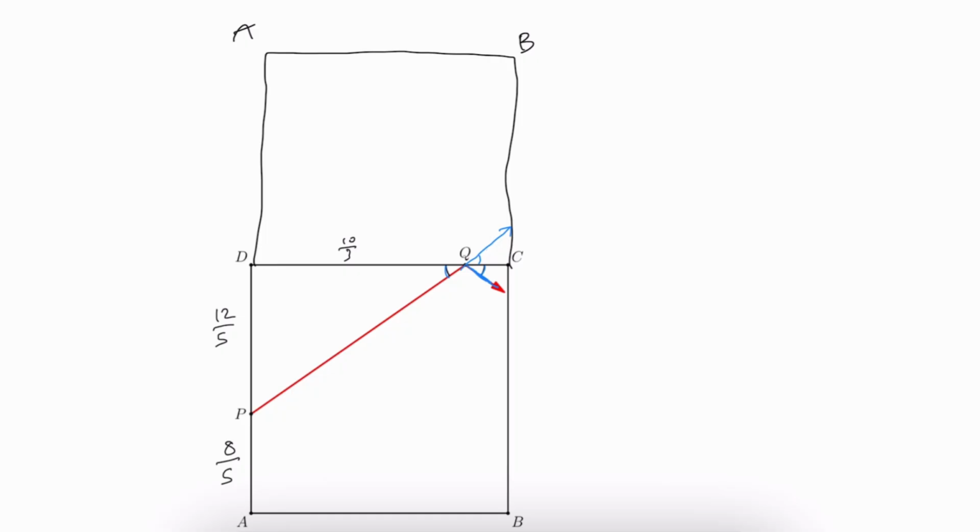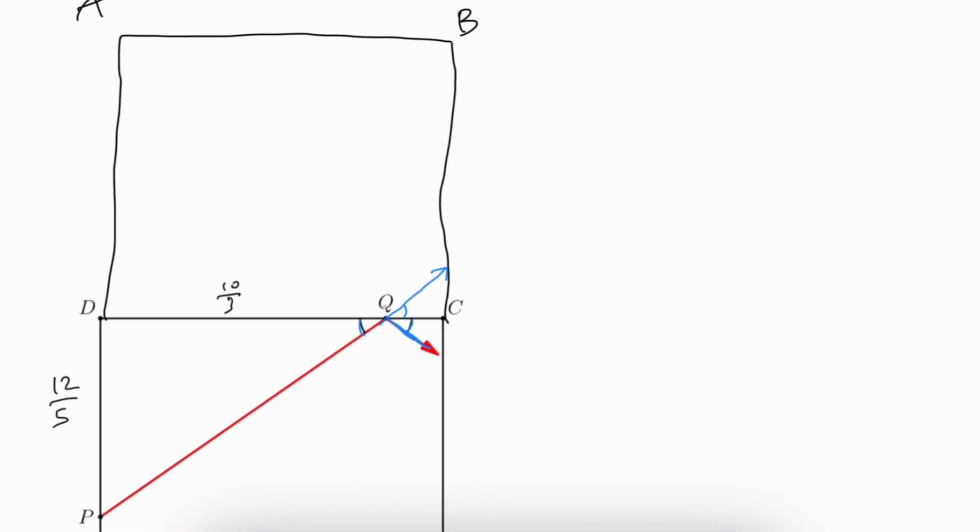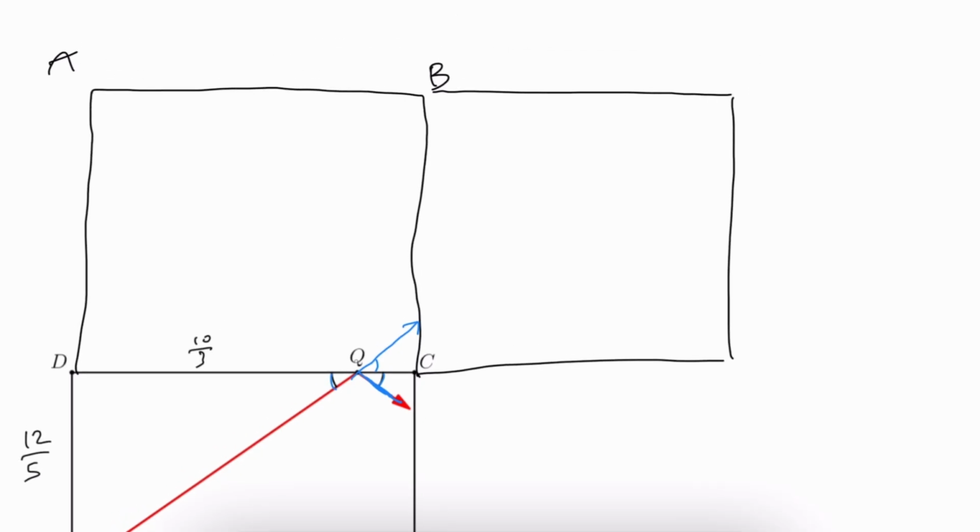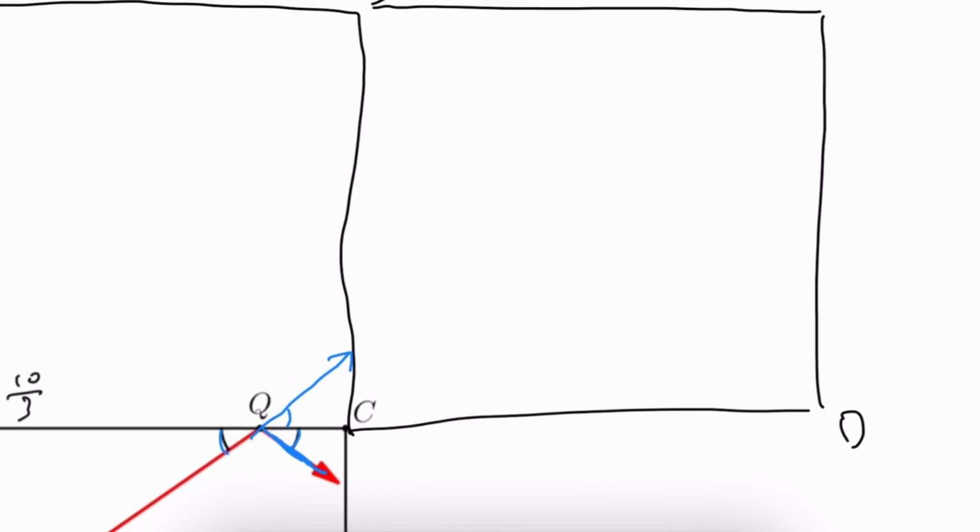And we can continue this process. Now, because the next bounce will hit side BC, we can reflect over that side. So this is our new A, this is our new D. And so if we continue the line, it'll be this way, but the reflection will be in this direction.